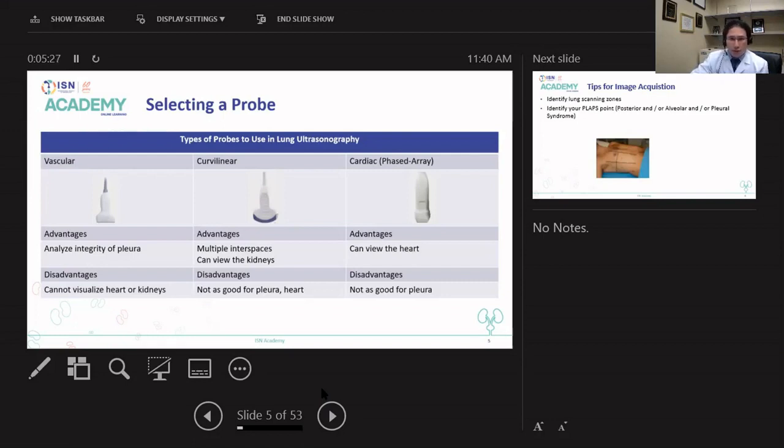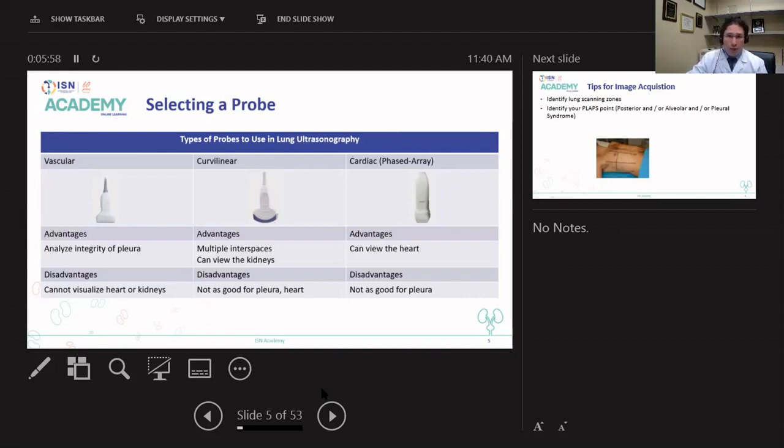The advantage of this probe is that it's a high frequency probe, and it will give you really excellent high resolution images of a superficial structure. However, because it's a high frequency probe, there's a lot of attenuation, and so you can't really see deep structures very well. So the obvious disadvantages are that you can't visualize the heart or the kidneys very well, but it's great for the pleural line, which we'll talk about.